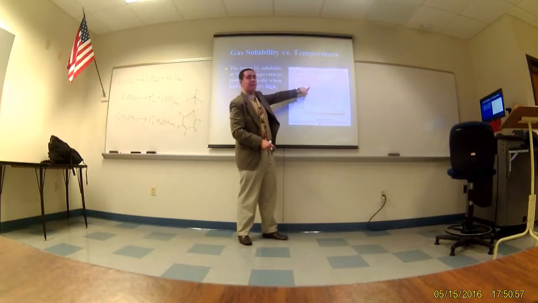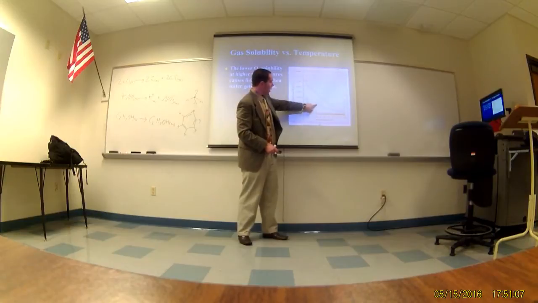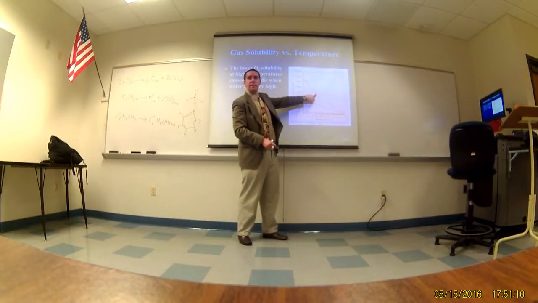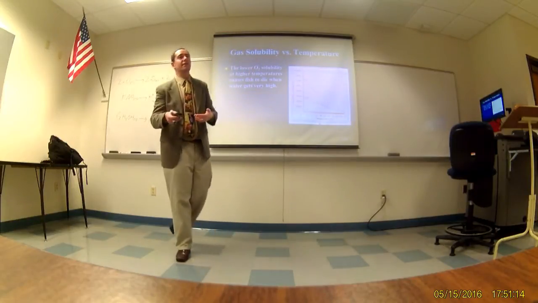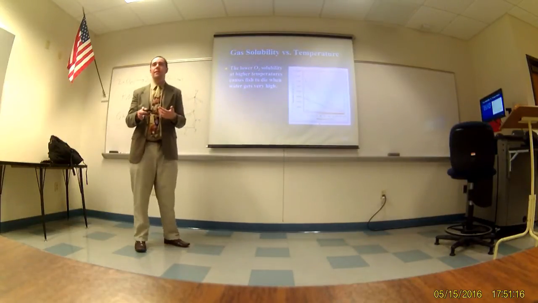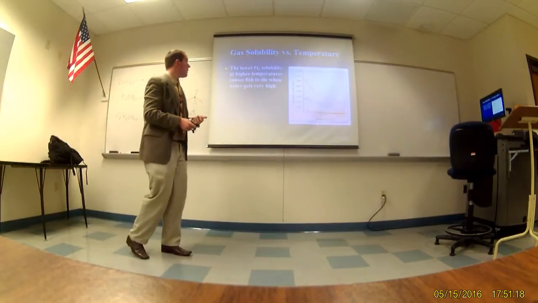You have a bunch of oxygen. The temperature increases up to 30 degrees, which is less than 100 Fahrenheit. It's still not that hot. You have a whole lot less oxygen. And so as it gets warmer and warmer, the oxygen starts coming out of the lakes. And if it gets low enough, the fish will start to die.